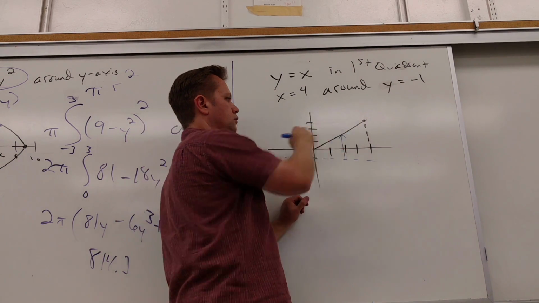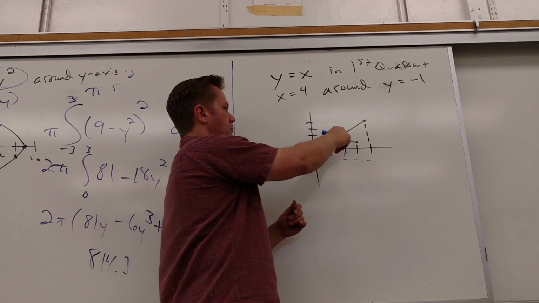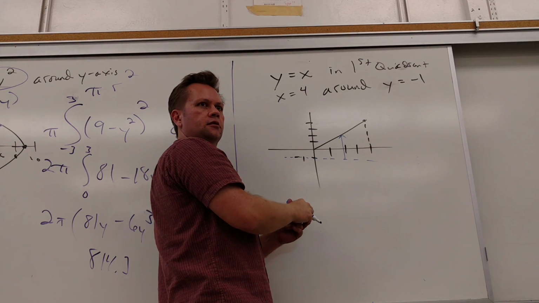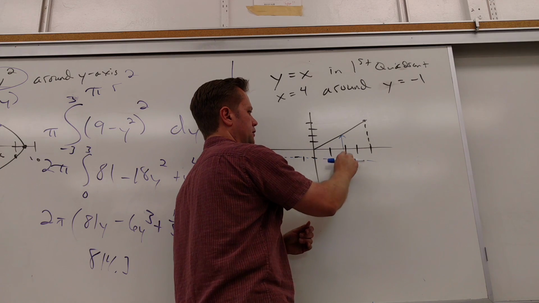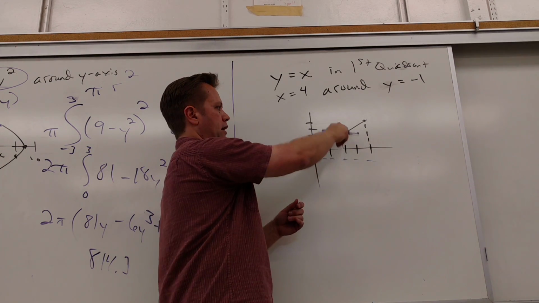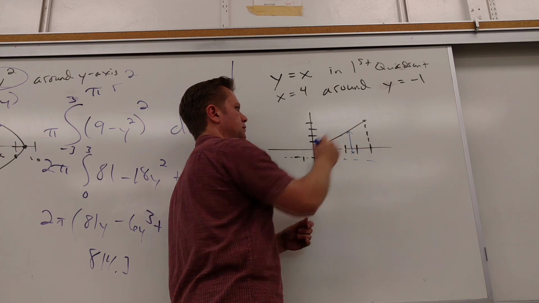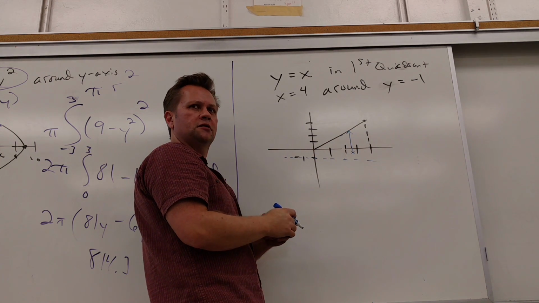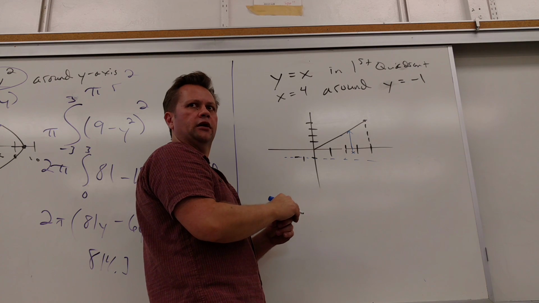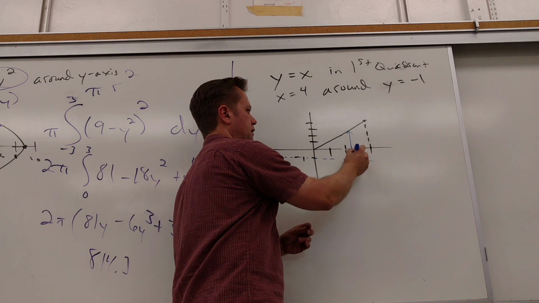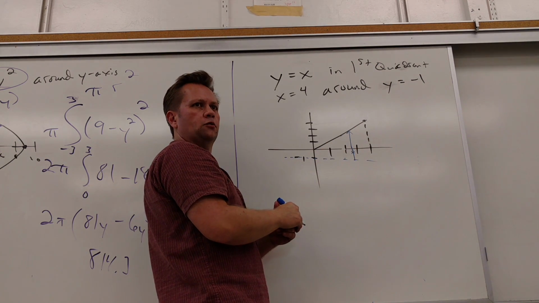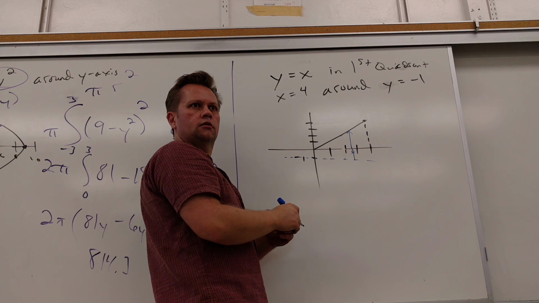The radius? No. How far apart are these? How far is this? 1, 2. How far is that? 2. No. Arbitrary x position. How far is that? The function is x, right? So how far is that? Plus 1. Plus 1. I like it.